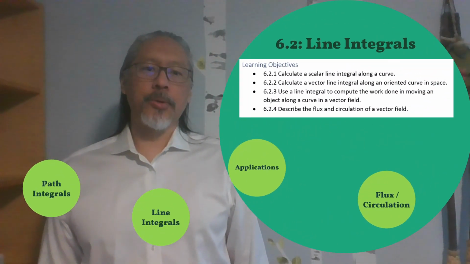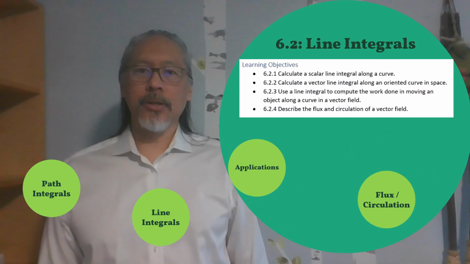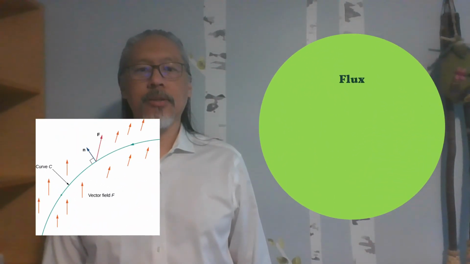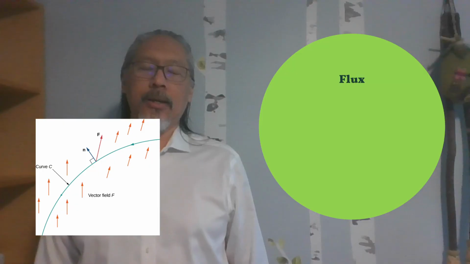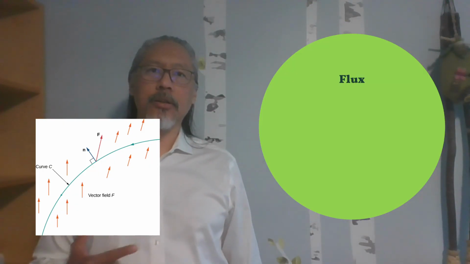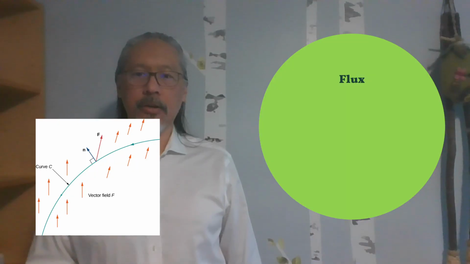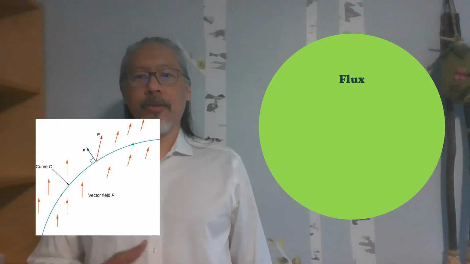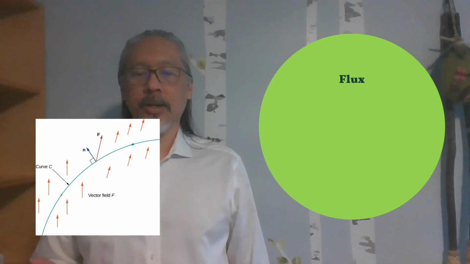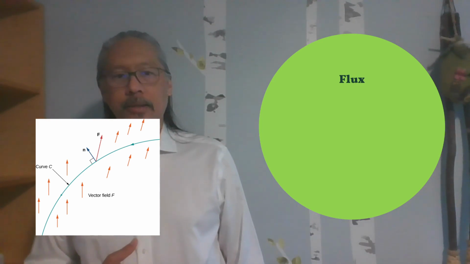The other application we're going to take a look at is a glimpse of one of the big theorems that we're going to study, and that is flux. Instead of looking at how the vector field reacts to the tangent of the curve as we're going along the curve, we can take a look at how the vector field reacts to the perpendicular of the curve, to the normal vector of a curve. And that is called a flux.